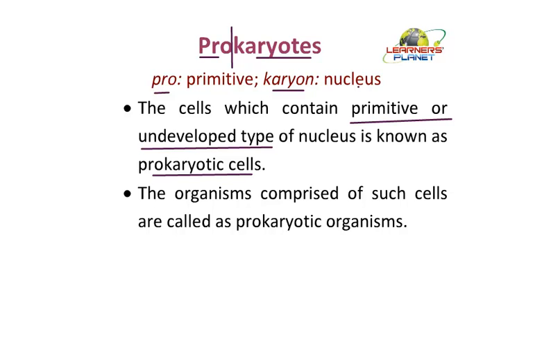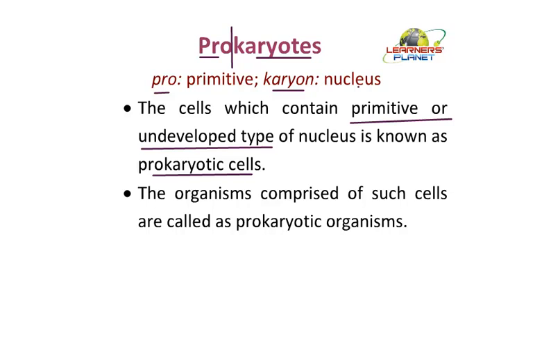Usually when we study the structure of the cell, we say that there is a centrally located nucleus with a clear-cut membrane in its surrounding, which is separating the cytoplasm and the nuclear material. But in the case of prokaryotes, no such membrane is found.